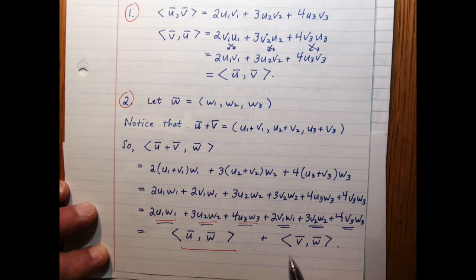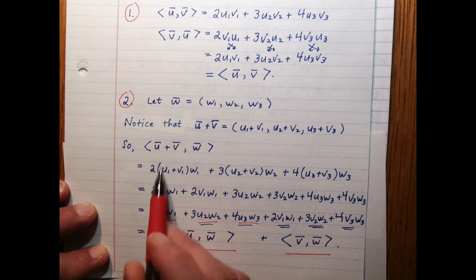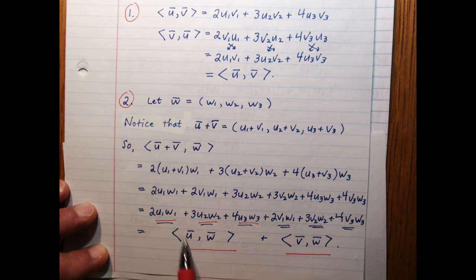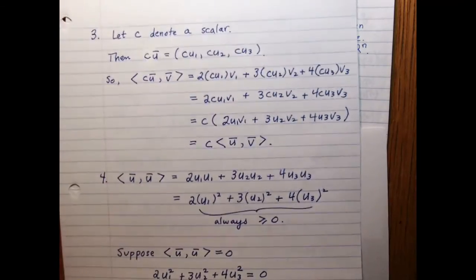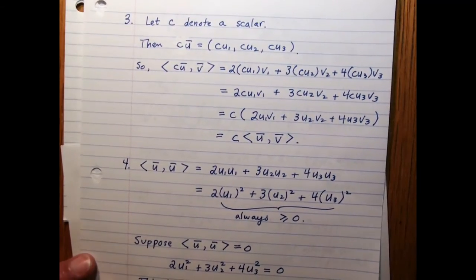That's just the inner product of V and W. So we've actually verified property 2. We've shown that this distributive property works.